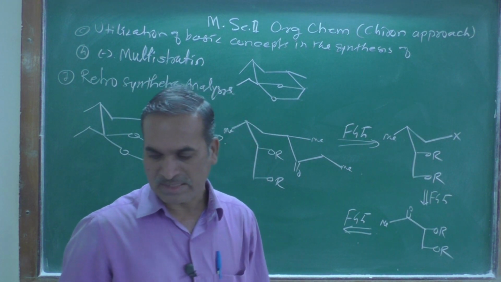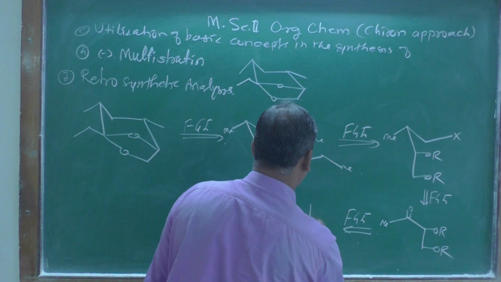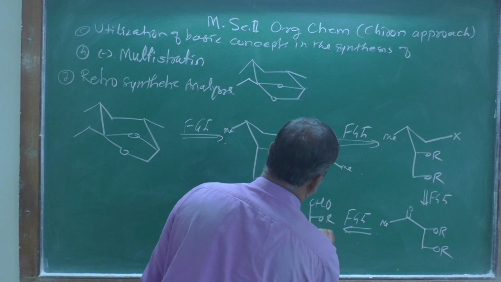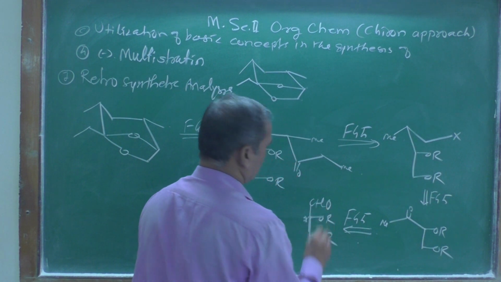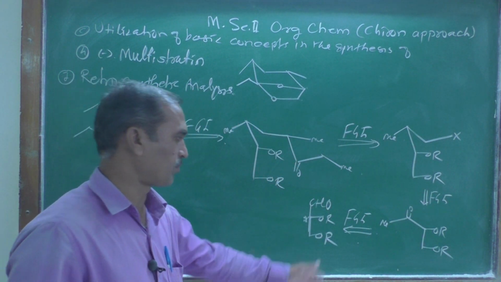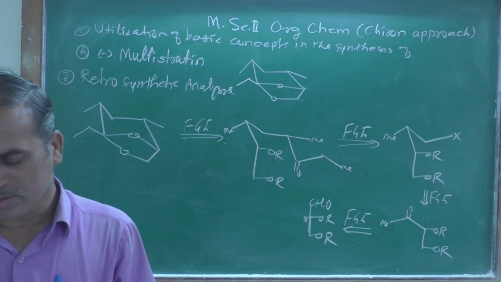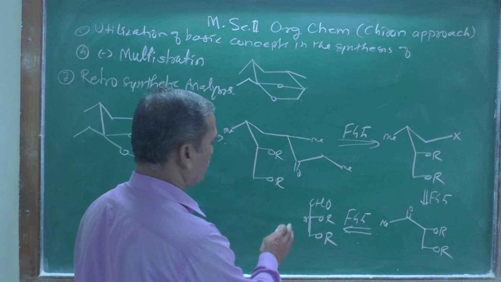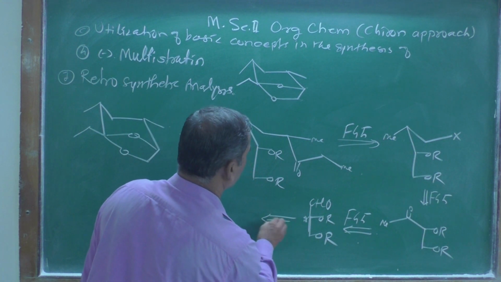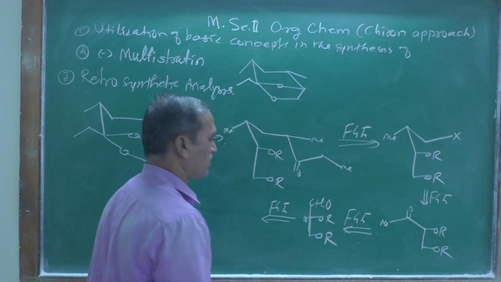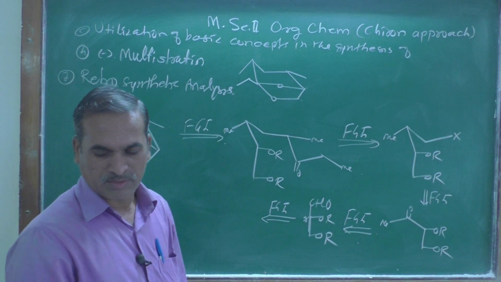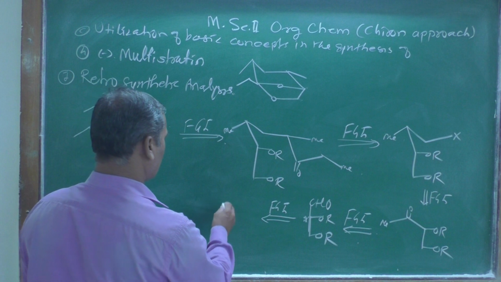be the glyceraldehyde, right? That protects CHO, then OR and OR. This is a protected glyceraldehyde, which is a starting material here. And now again do the FGI, functional group interconversion, and this type of glyceraldehyde we can obtain from this one.